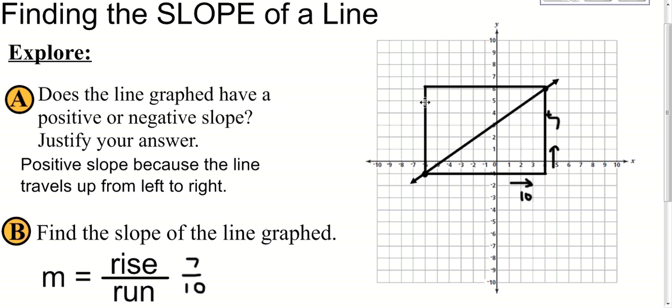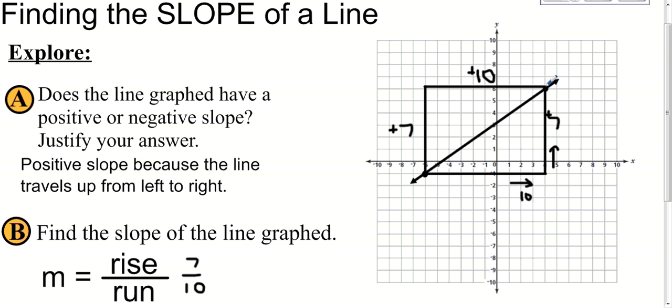Now you would go up 7, the same 7 that we put on the other side. This is still up 7. That's a positive 7. And then you would go to the right 10. So your rise over run would be the same. This is a positive 10. So your rise over run would be 7 over 10, no matter which way you would go.